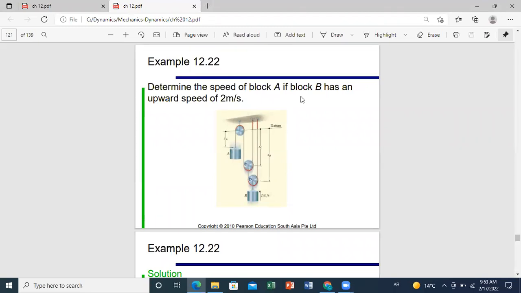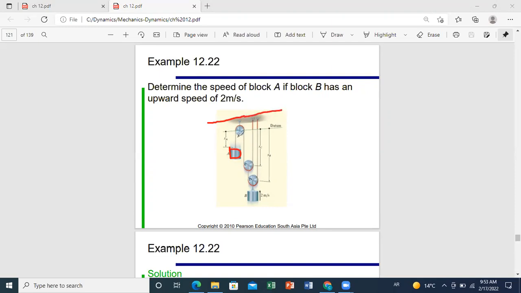Okay, I will start from my block A. My block A is moving in the vertical direction. So I will take a vertical coordinate and I will select a certain reference line. I have several choices for my reference line. You can put it wherever you want. I can put it at the ceiling.